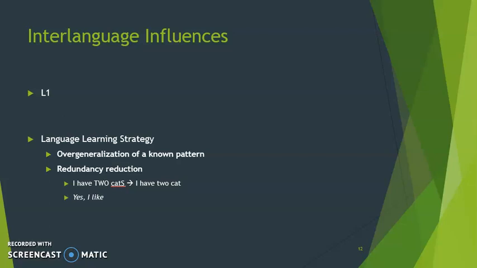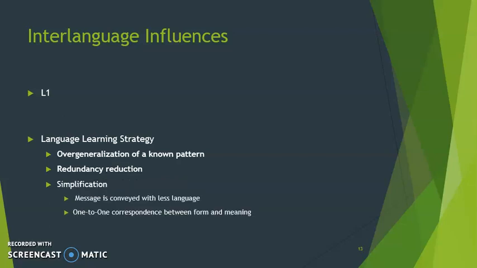The other example would be if you ask someone, hey, do you like pizza? And the learner responds, yes, I like. That fully conveys the meaning, and the learner didn't say, I like it, because it's understood. But of course, not all missing morphemes are redundancy reduction.